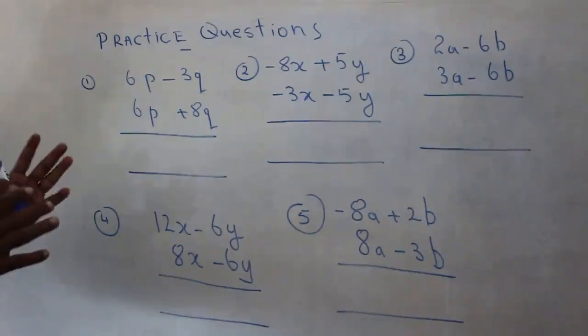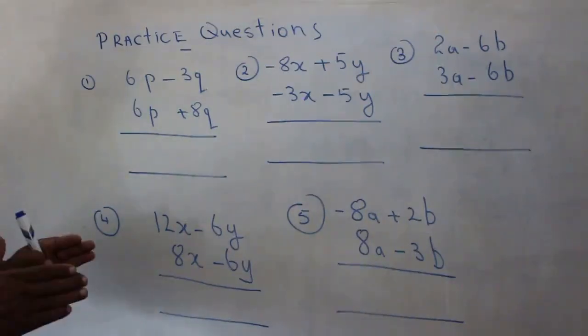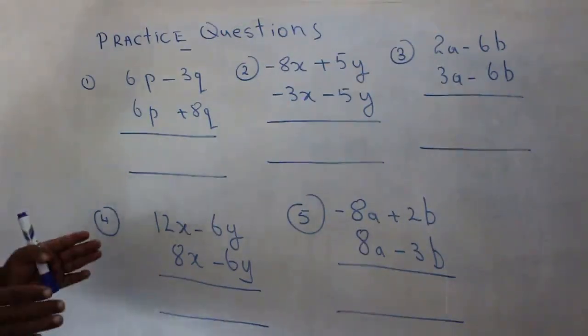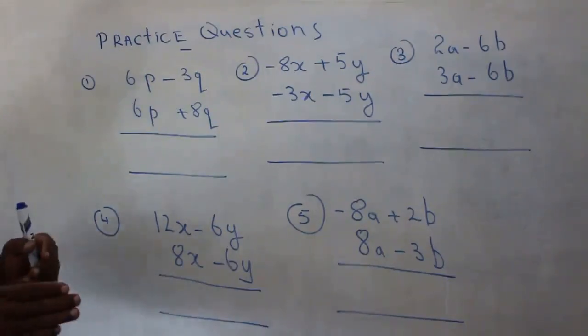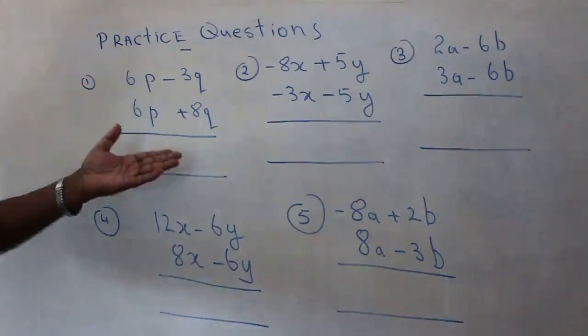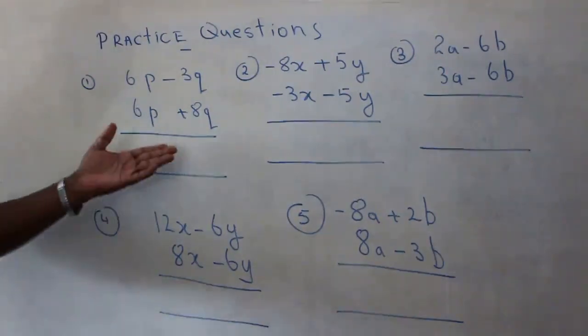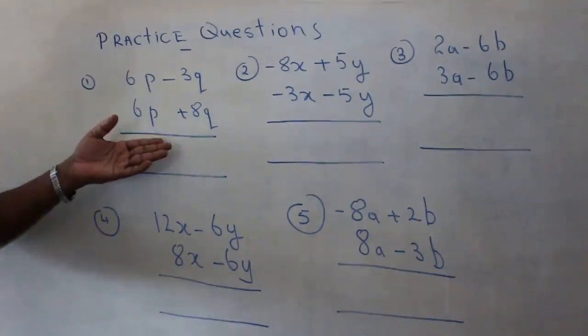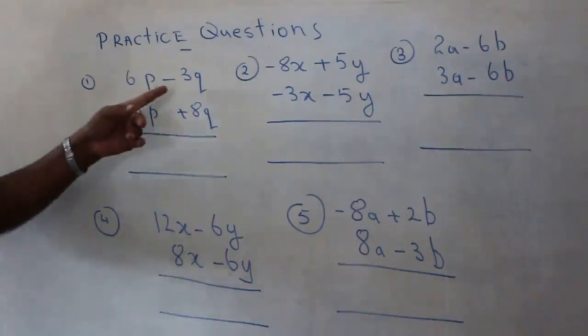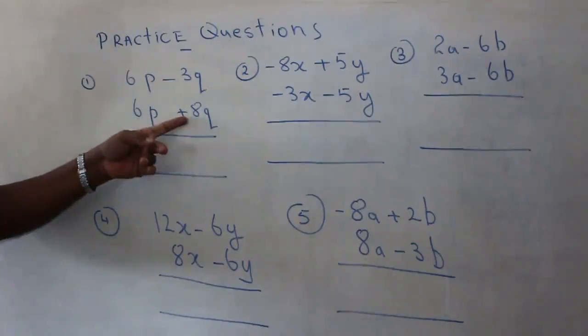Now we will try here to do it in the mind. Okay, let's give it a try. So let's add and see. If you add, signs will not change. Therefore, minus 3q plus 8q will give 5q here.